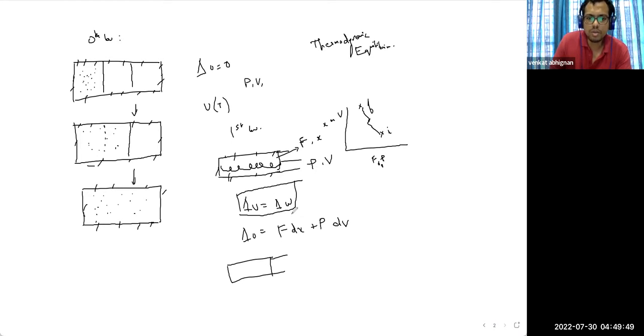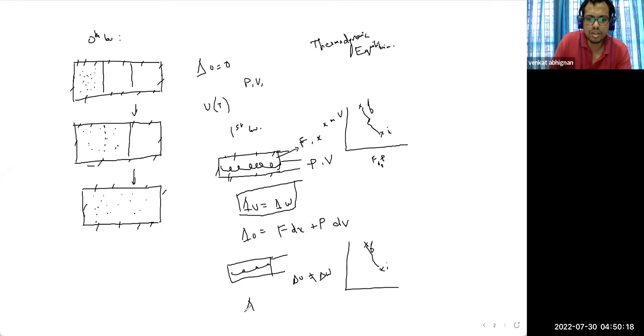But if this is no longer thermally insulated and I try to do the same thing, delta U is no longer equal to delta W. That is essentially, as ma'am was trying to say in the previous picture, an exchange of heat, which can happen alongside the mechanical work.